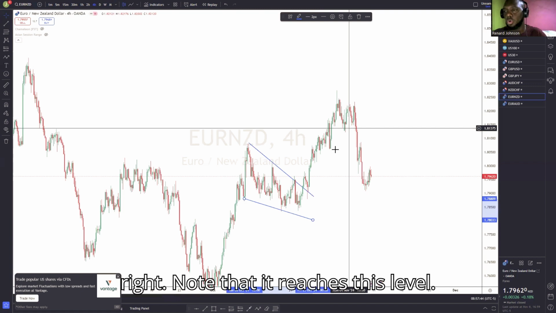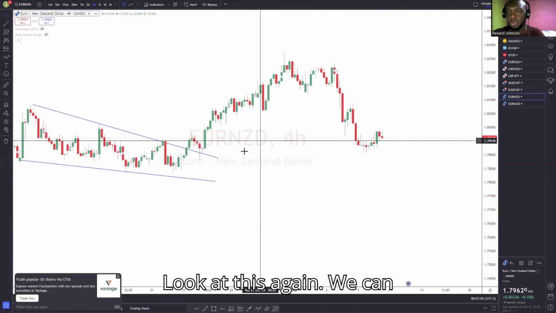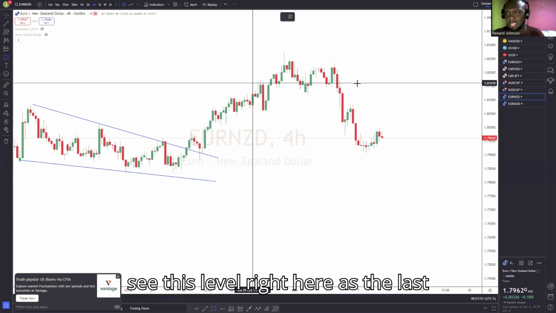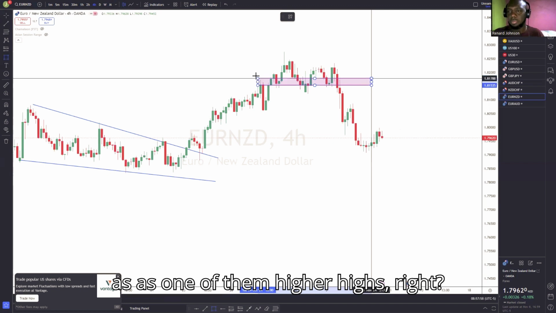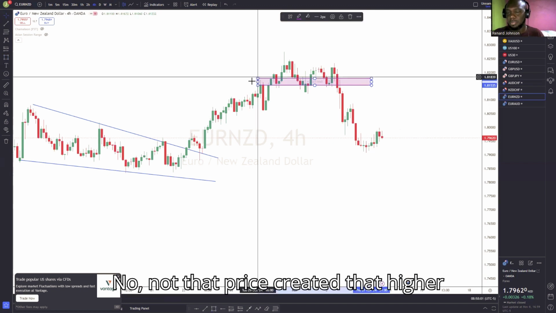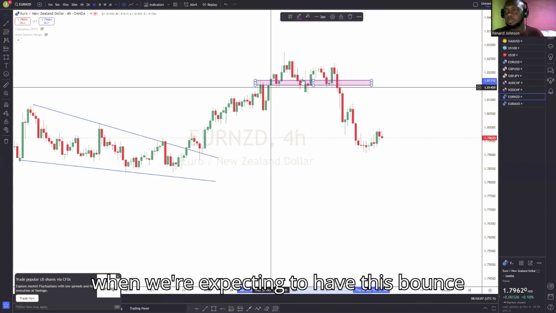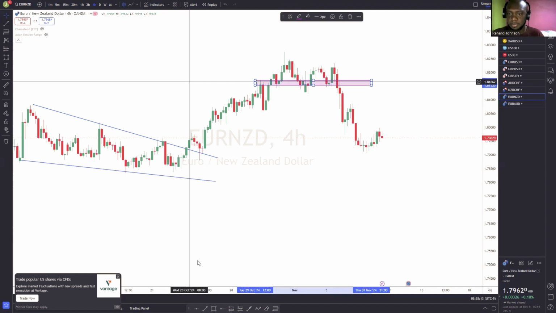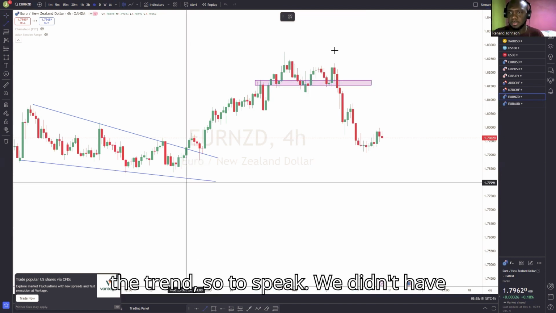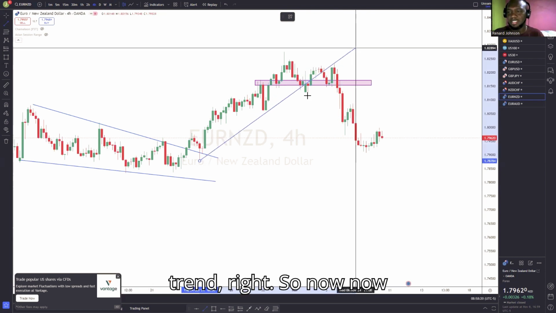Now that it reaches this level, we can see this level right here as one of the higher highs. Now that price created that higher high, we were expecting a bounce to the upside to continue the trend, so to speak. We didn't have that this time. Price actually broke the trend.